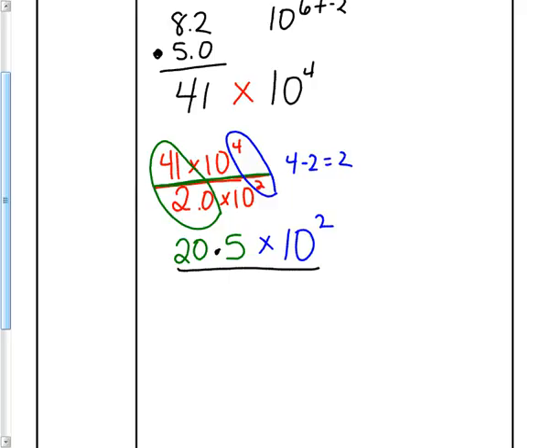So I need to move it where it belongs, right? Remember, it's supposed to be between the first two numbers here. So because I'm going to move this over one space here, I'm going to make this 2.05. Because I moved one space, I'm also going to have to move my exponent, add an extra one. So this is really 2.05 times 10 to the third power.